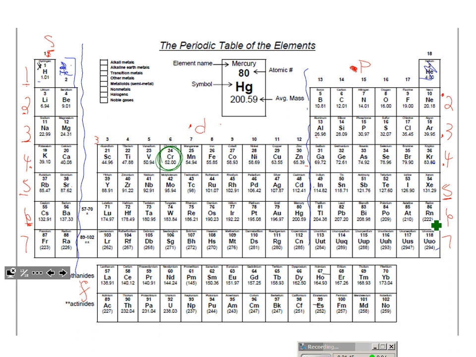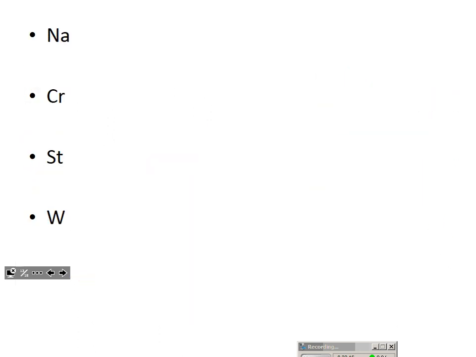So 1s2, 2s2, 2p6, 3s2, 3p6, 4s2, 3d, 1, 2, 3, 4. The electron configuration for chromium again, 1s2, 2s2, 2p6, 3s2, 3p6, 4s2, and 3d4 is how it ends.